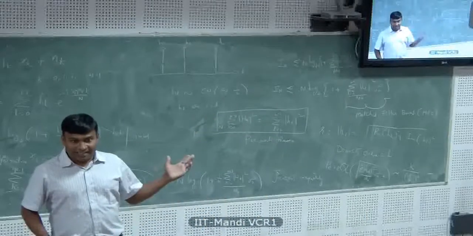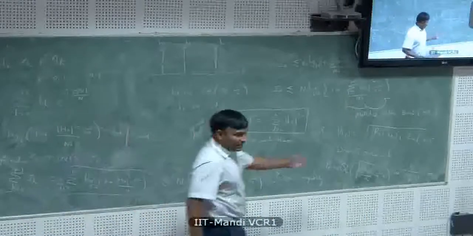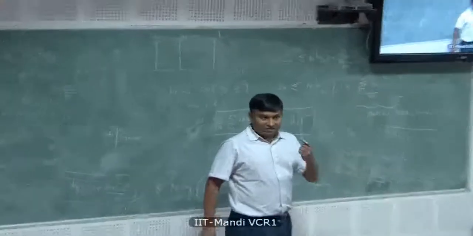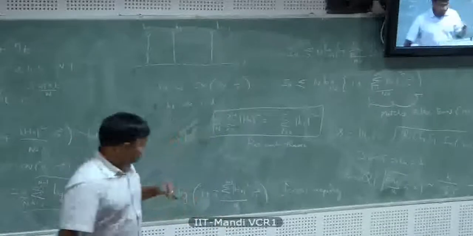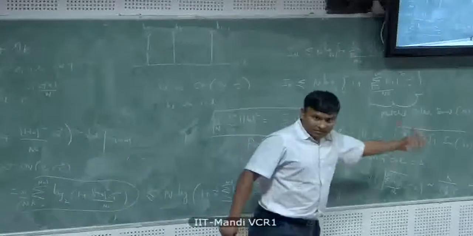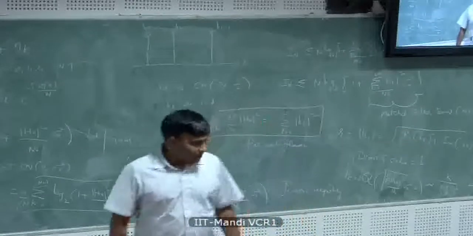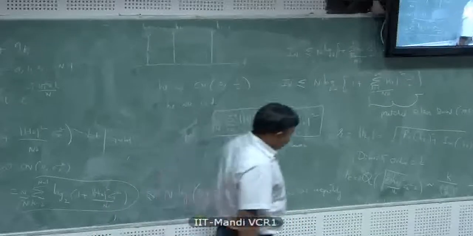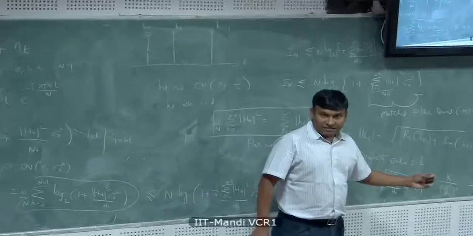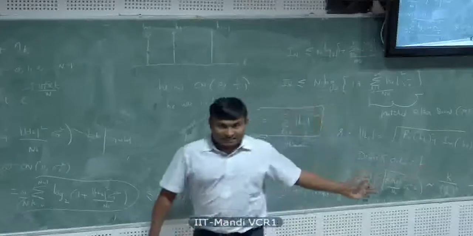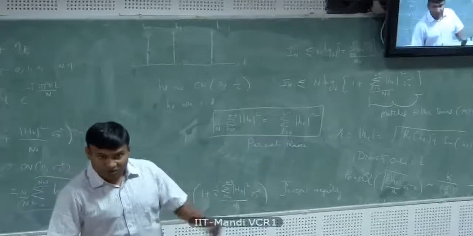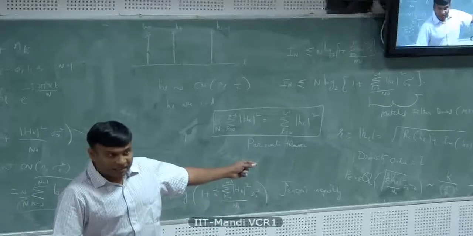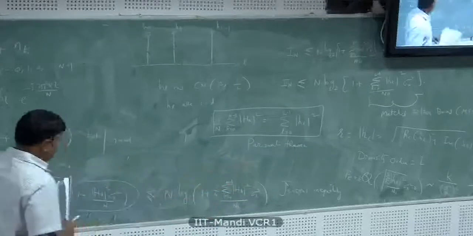In a log scale, the slope is 1, or rather minus 1. As L increases, the probability of error decreases quite a bit, right? At least you need L equal to 2 so that you drive down the error rate. So if you have to plot, let me erase.